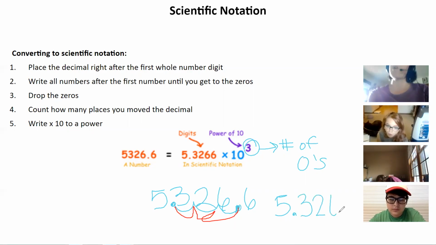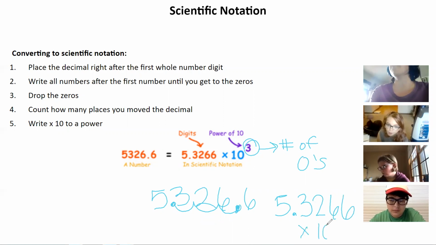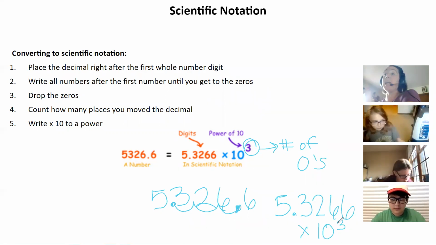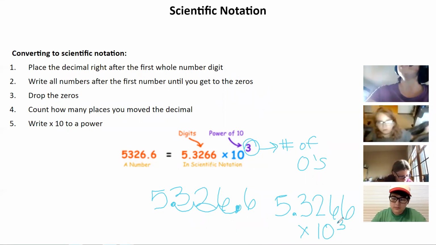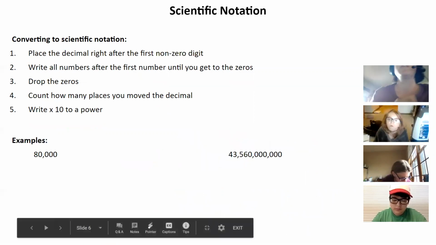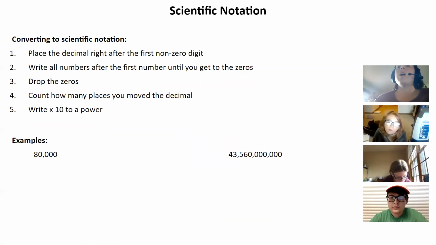I leave all the numbers there. And since I moved it 3 spaces to the left, my exponent is a positive 3. If I moved it to the right, then I would have a negative exponent. Good.